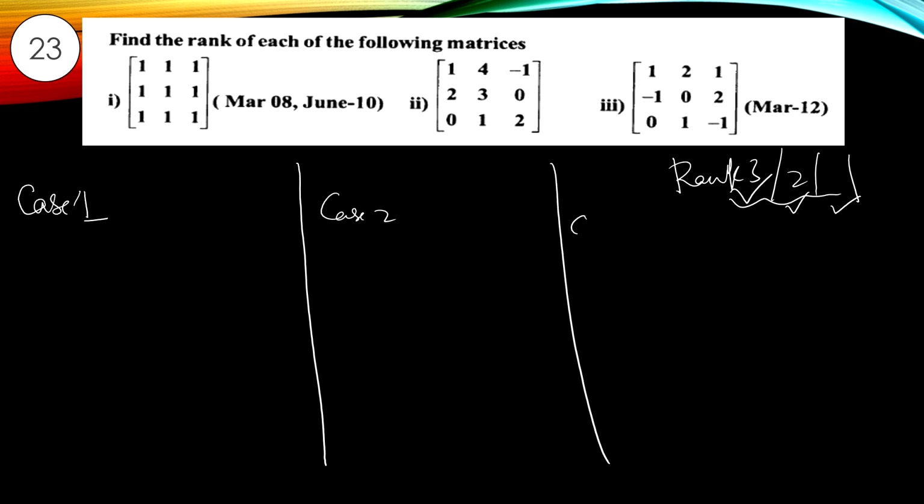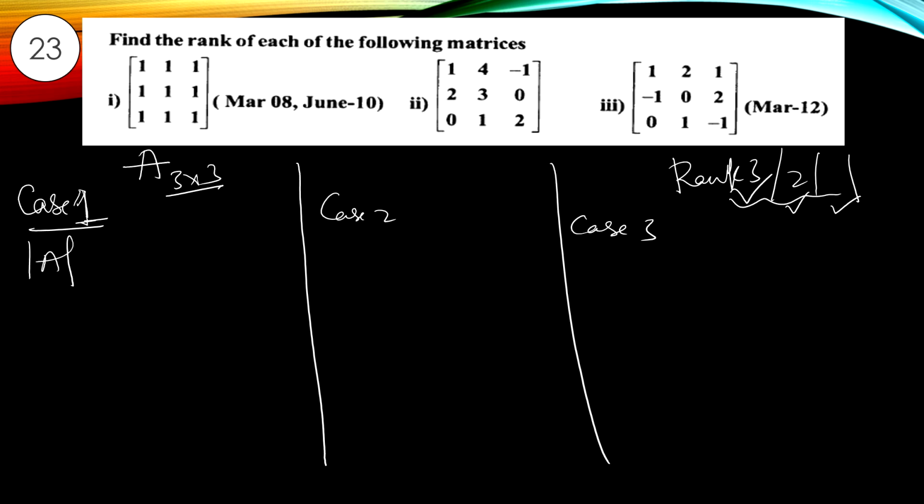Okay, so in the first case, for finding the rank you need to calculate the determinant of the given matrix. For example, suppose this is our A matrix of order 3 by 3, first you need to calculate the determinant of that given matrix.